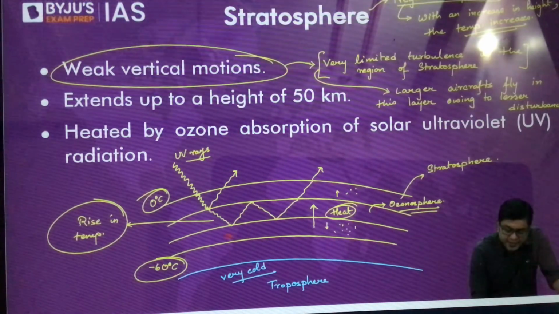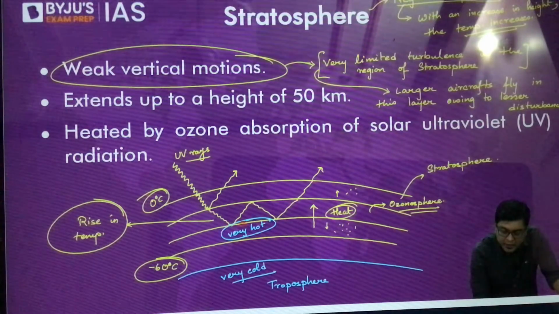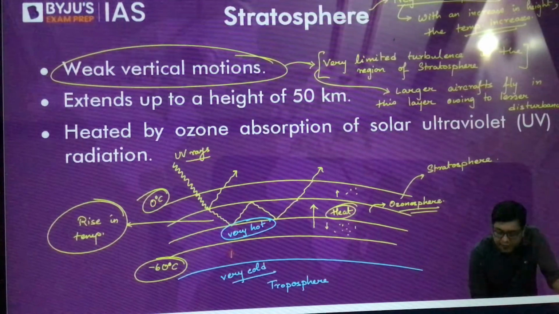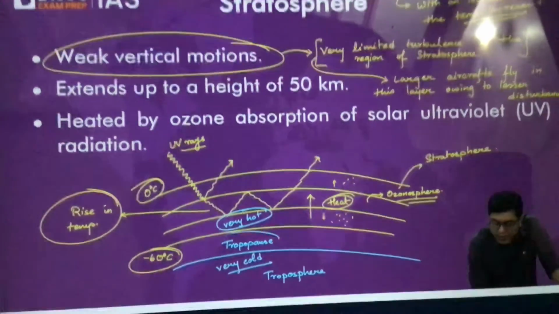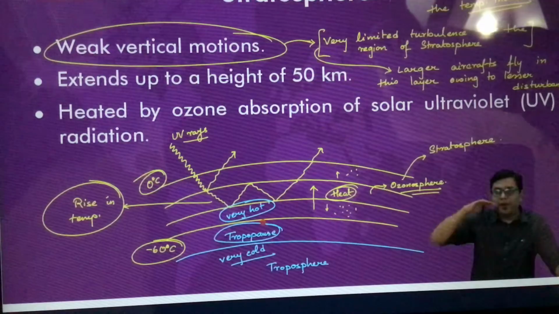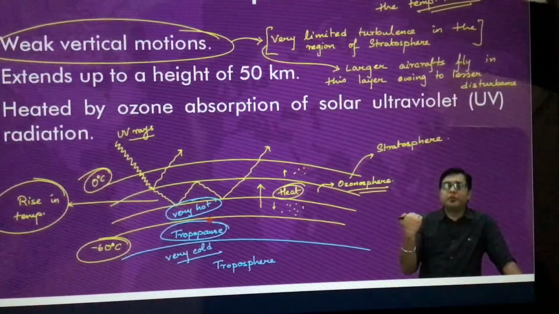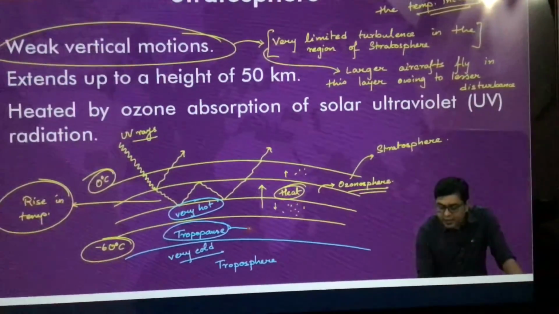Whereas in this region it is very hot. So that is why when we talk about the tropopause, it receives heat from the upper region and colder conditions from the lower region. So there you will observe no variation in temperature.